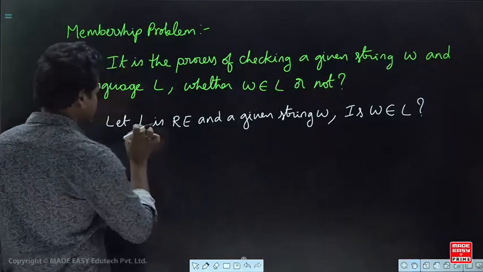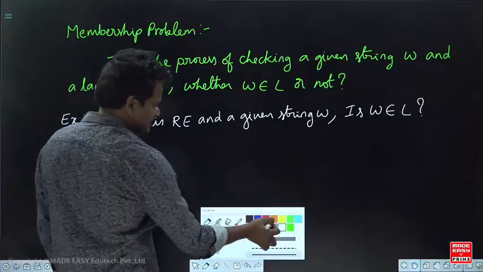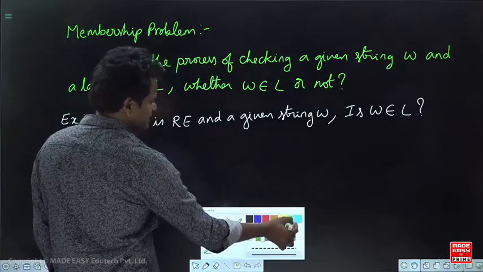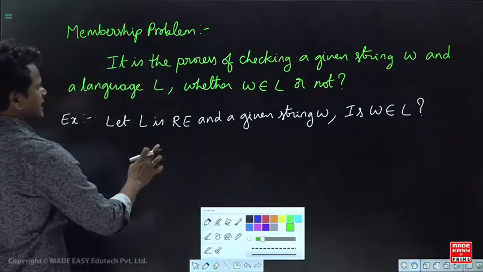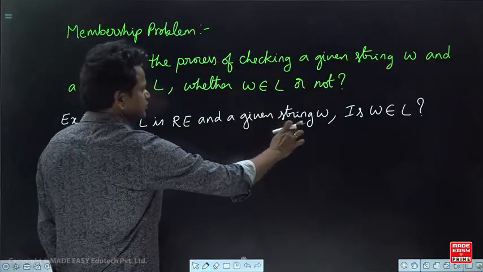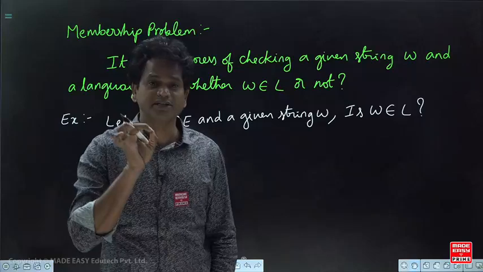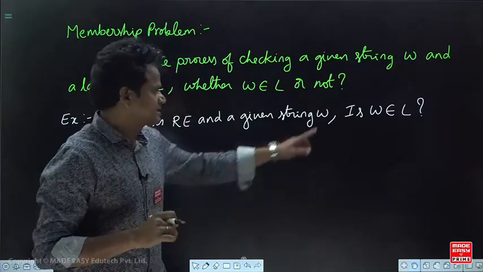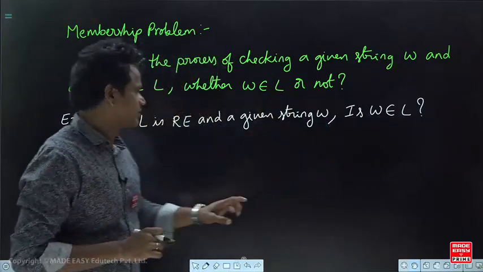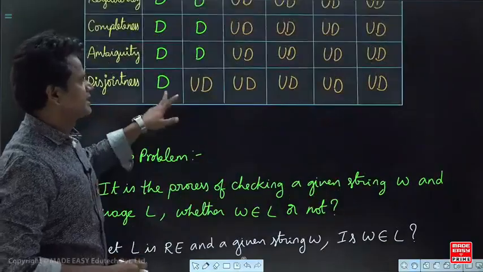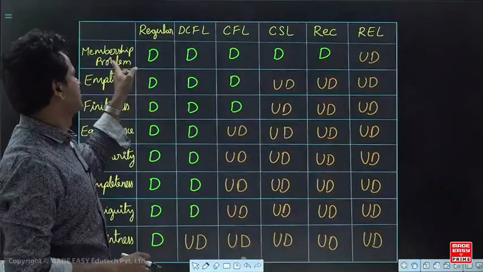Now listen, how to apply this problem? L is RE and a given string W, is W belongs to L? This comes under what? Membership problem. L is RE, membership problem.